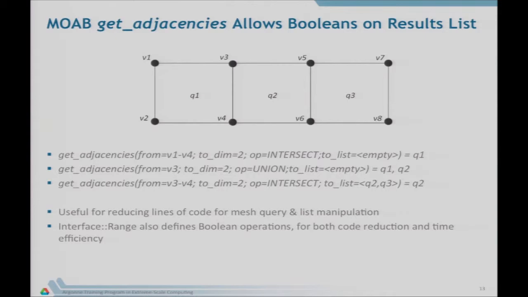So that's the intersection of the results of the adjacency call, quads 1 and 2, with the list that went in, quads 2 and 3. In that case, it just saves you a little bit of code, allows you to do a little bit more filtering straight from the API call. And sometimes, if you pass in a large range, doing the filtering down in MOAB can be fairly efficient, whereas it might not be as efficient if you do it in the user code.